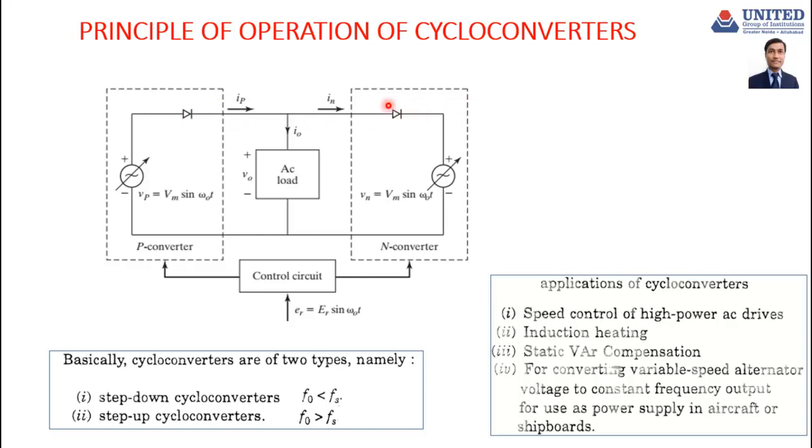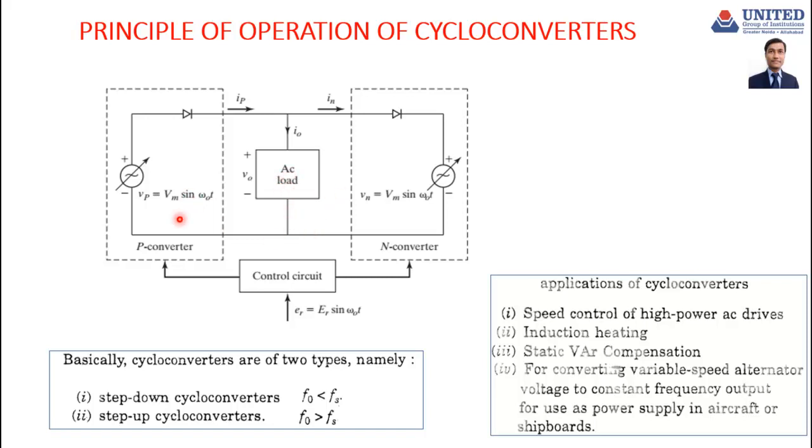The basic principle of cycloconverter is based on continuous modulation of firing angle of the individual converters. The voltage produced by the two converters will have the same magnitude, frequency and phase, and the power can flow into the load terminal or out of the load terminal, and the load may be of any type, for example R, L or C type.